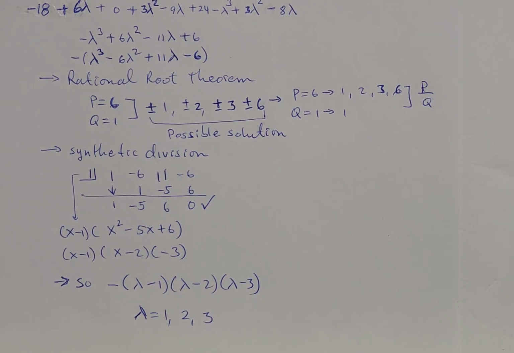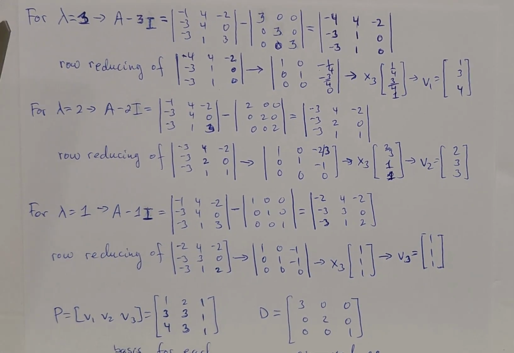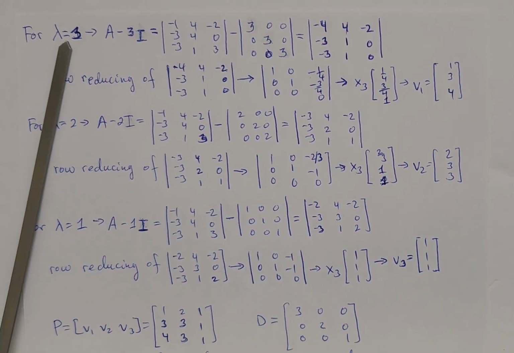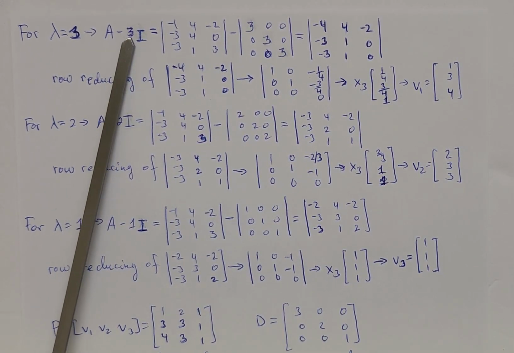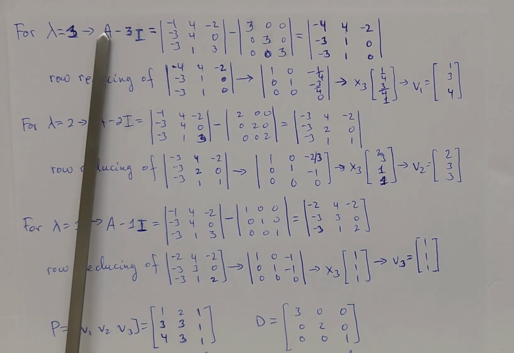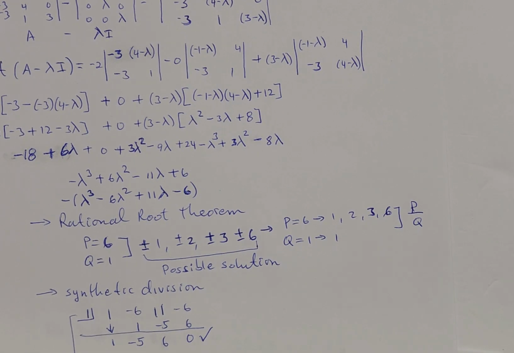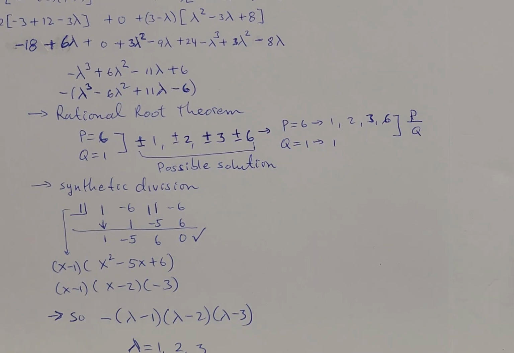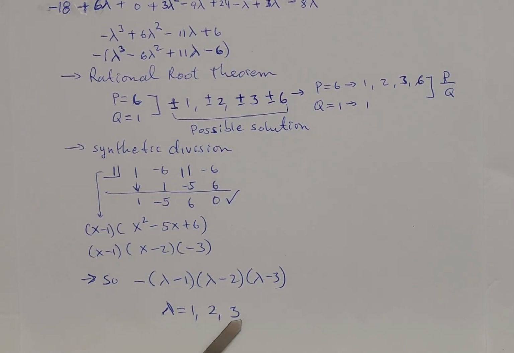So earlier I have 3, so instead of using lambda again, I put the 3 in. Again, A minus 3 lambda, where did I get that from? So here are the eigenvalues, 1, 2, 3.